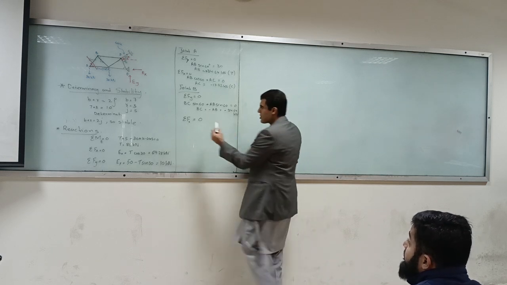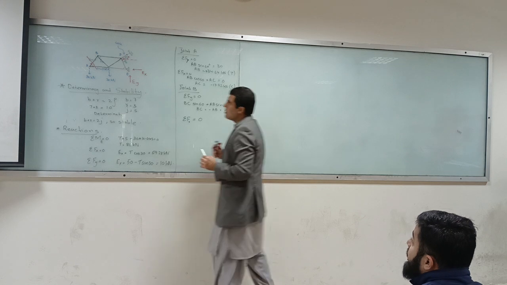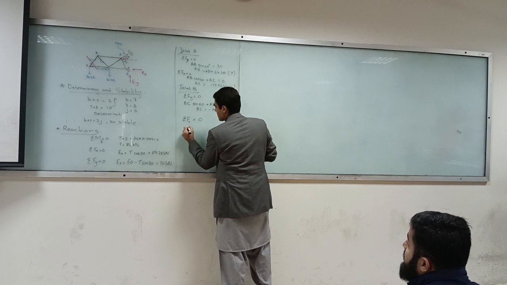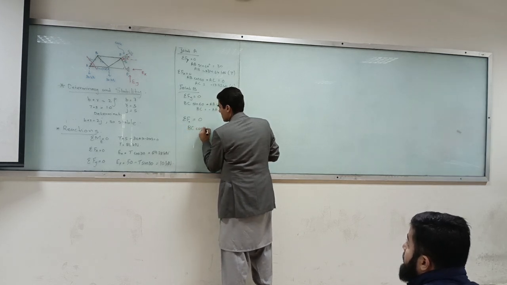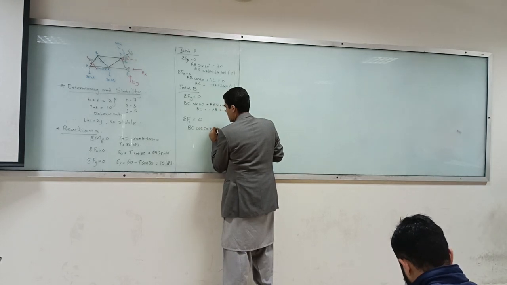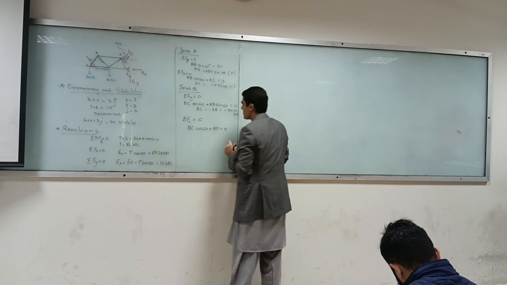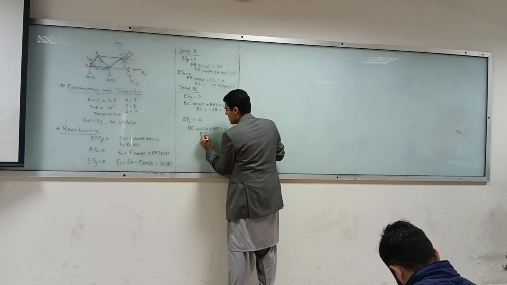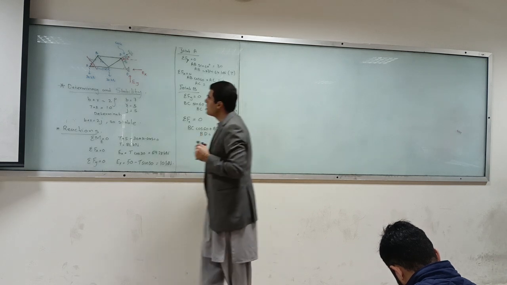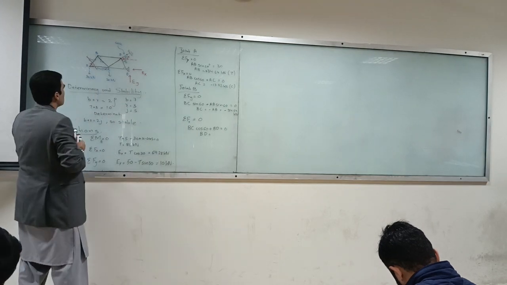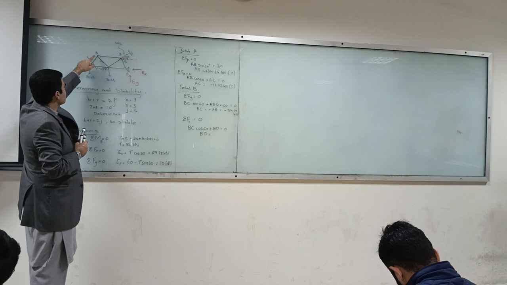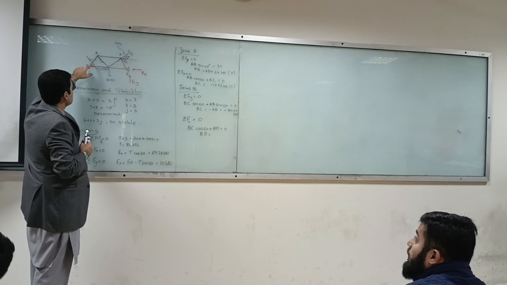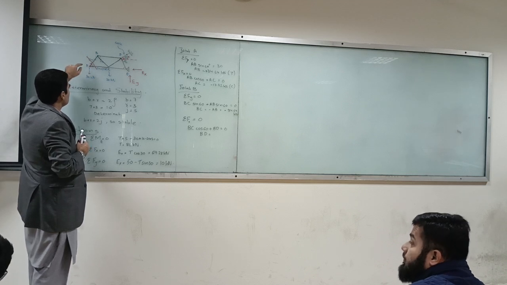So in case of summation of Fx also, we have BC cos 60 plus BD is equal to... सर इसमें AB वाला कॉस कंपोनेंट भी आएगा, BA वाला छोड़ दिया आपने, AB वाला दिया, AB cos component. Okay, yes. AB का भी पास है.